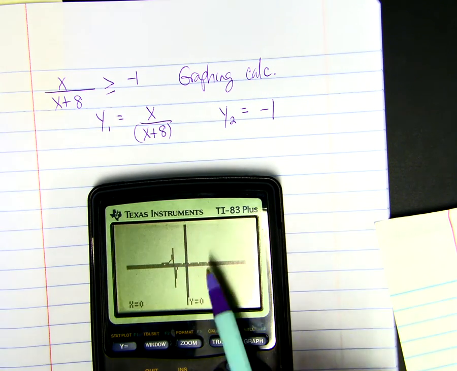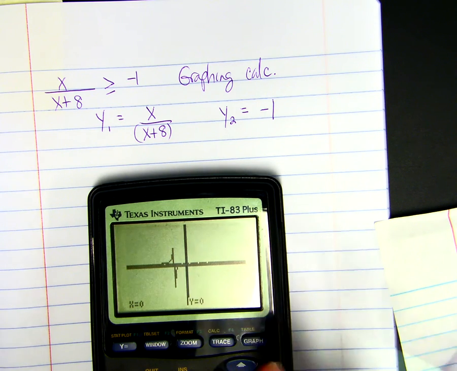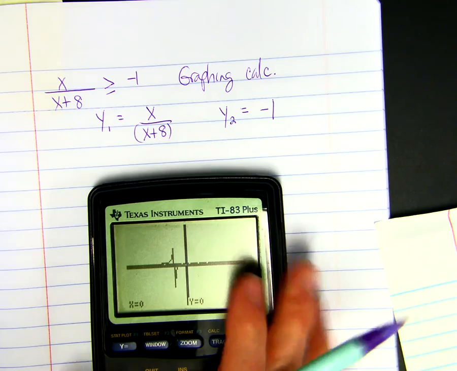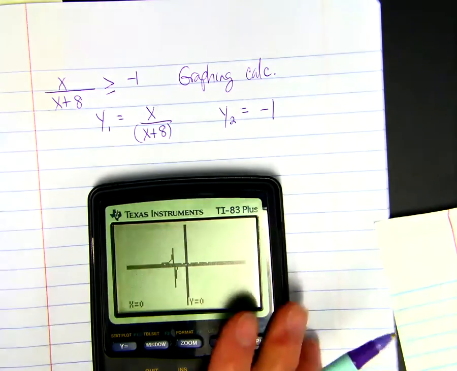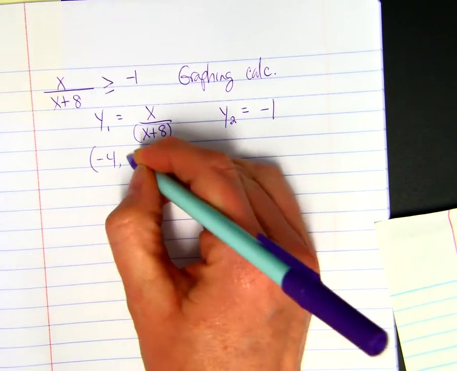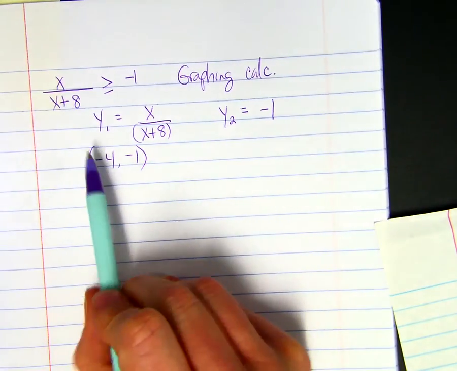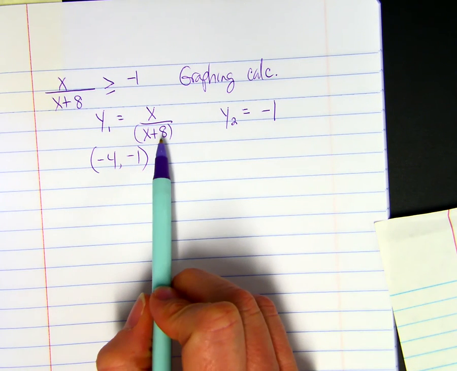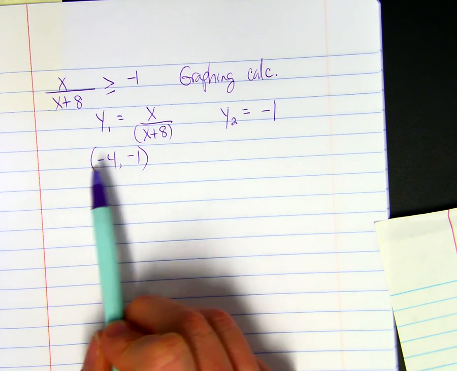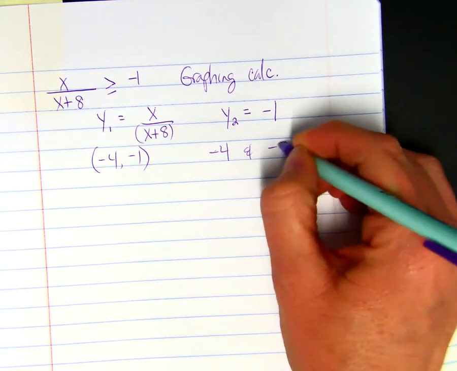So we find where they intersect, which is when y equals -1. So it's -4, -1. So we want to use -4 and -8 for our two values that we're going to check, -4 and -8.